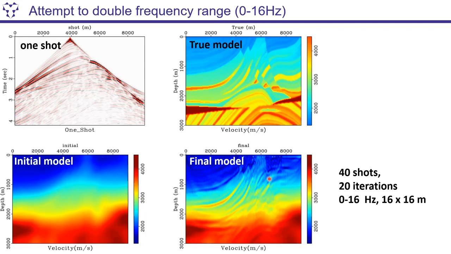Now, to achieve this, the problem is that we have to go to higher frequencies, and also we need to use smaller cells, which increases the computational time. But another problem is that as we try to go to higher frequencies, we see a deterioration in particular in the shallow part, produced by the problem of nonlinearity.